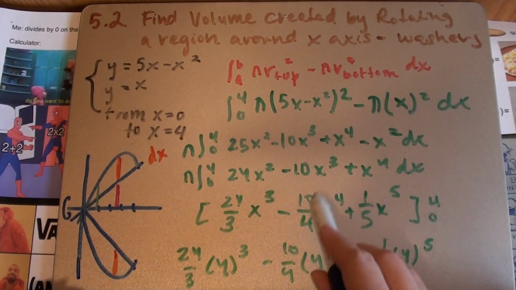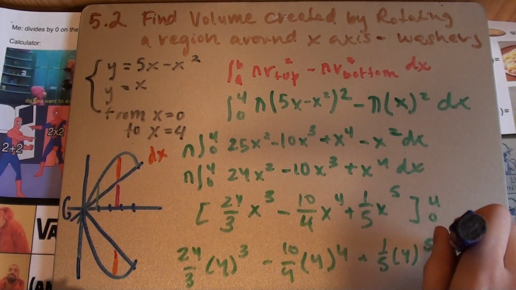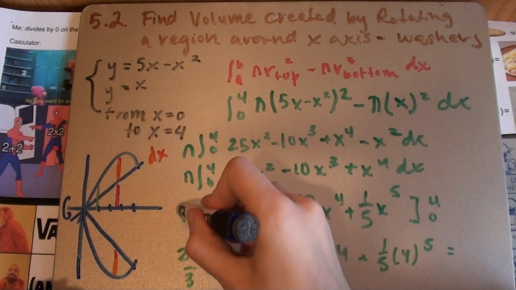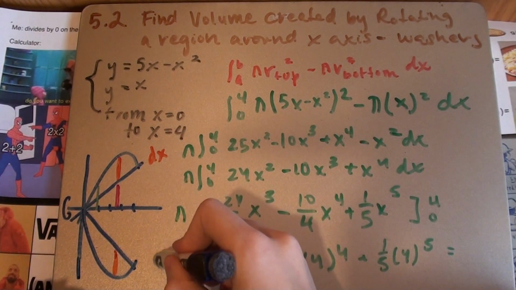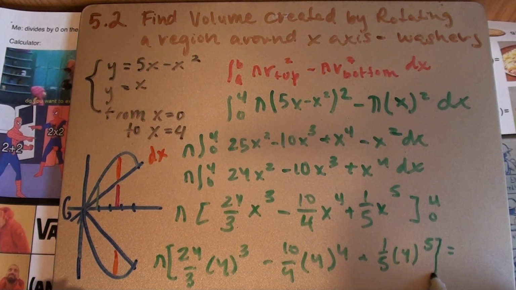And when we plug in 0, we're just going to get all zeros. So really all we have left is to figure out what this is going to be. When we plug all of this into our calculator or work our math out, we're going to see. And then, like I said, I forgot, we're multiplying by pi all the way through, right? So this is all times pi. Pi just kind of hangs out and follows us all the way through.